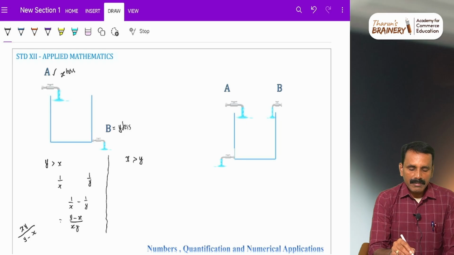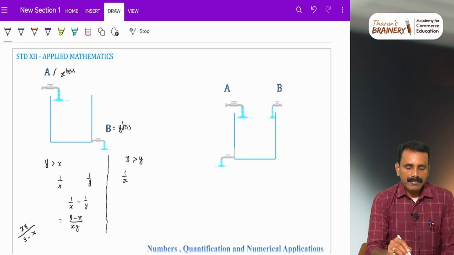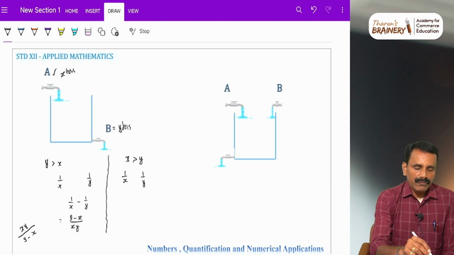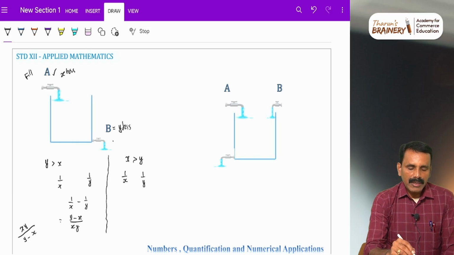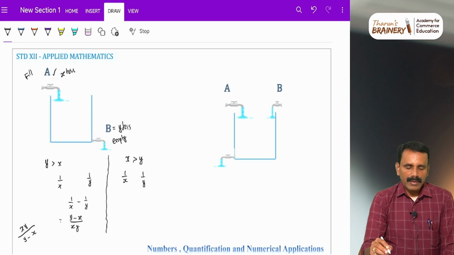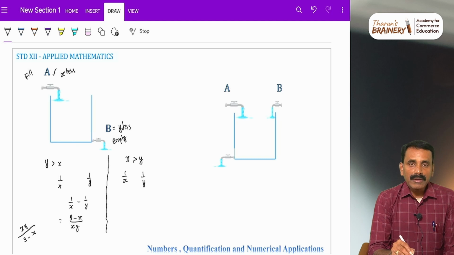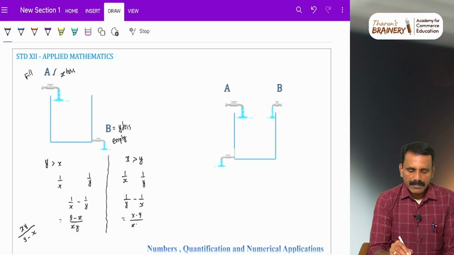The part filled by pipe A will be 1 by X and the part emptied by pipe B will be 1 by Y. The part of the tank emptied in 1 hour will be 1 by Y minus 1 by X, that is, (X minus Y) divided by XY.